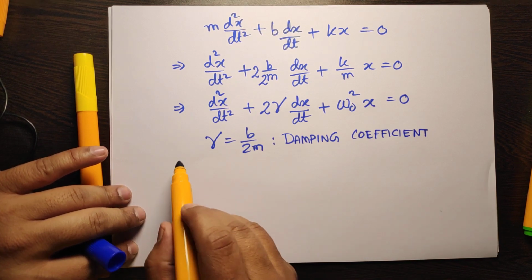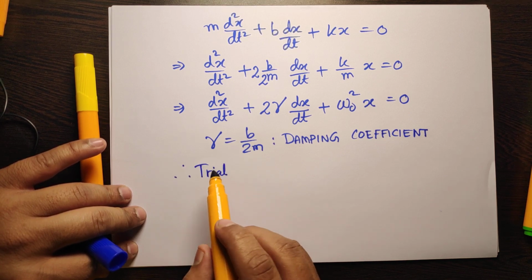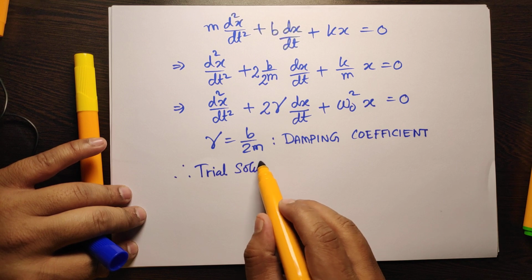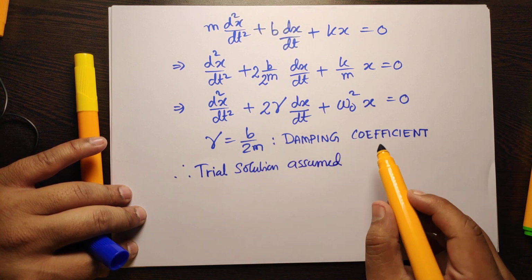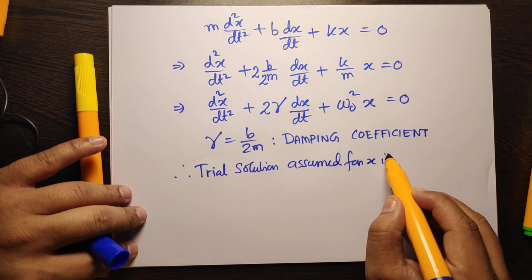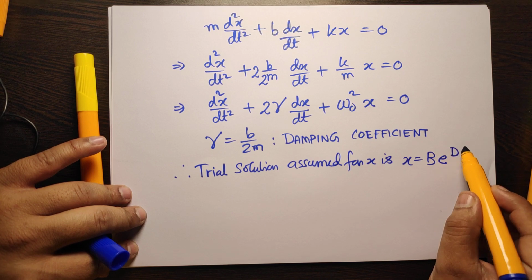Now let us assume a trial solution for x, of the same form, x equal to b e to the power Dt.